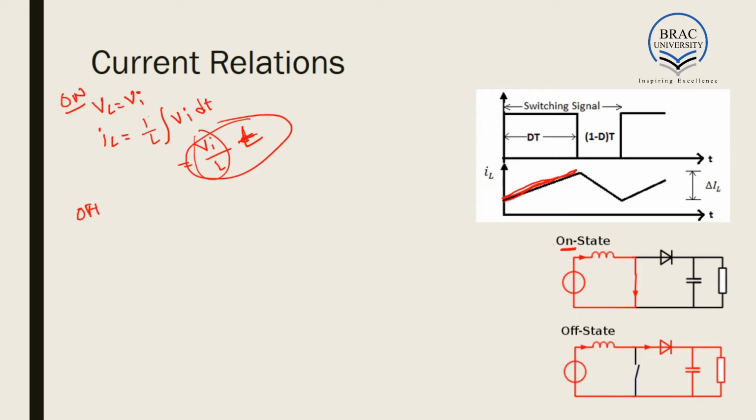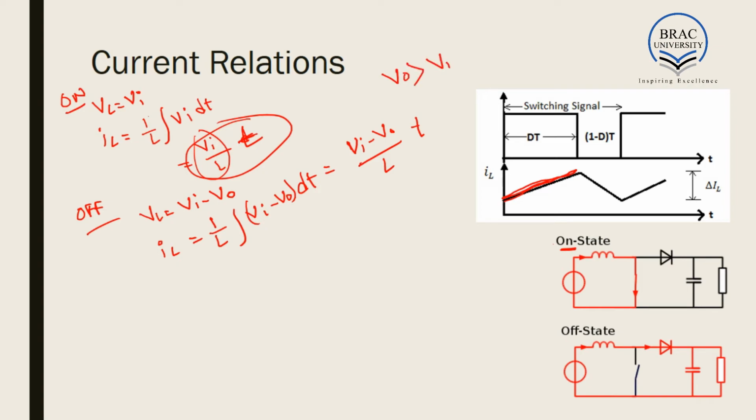When the switch is off, we get VL is equal to VI minus V naught. So IL is equal to 1 by L integration of VI minus V naught dt, that is VI minus V naught by L into t. Now it is to be noted that in the case of a boost converter, V output is greater than V input.